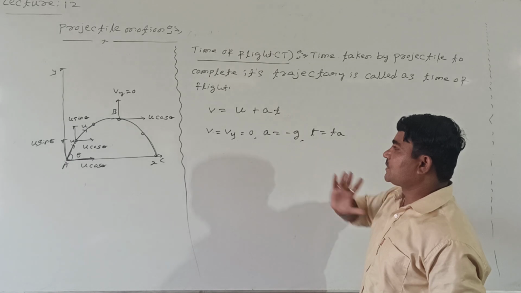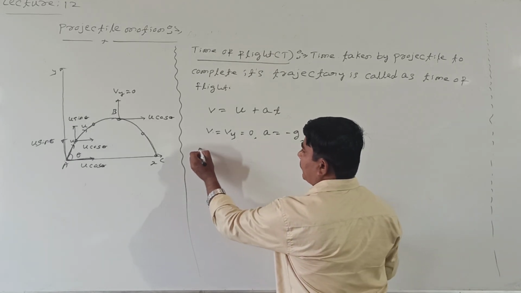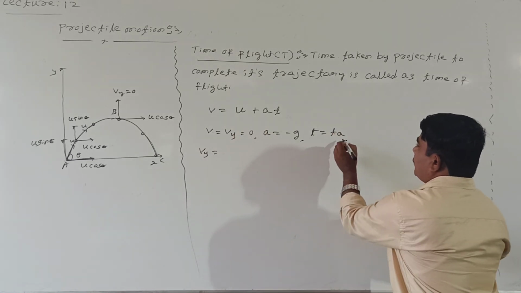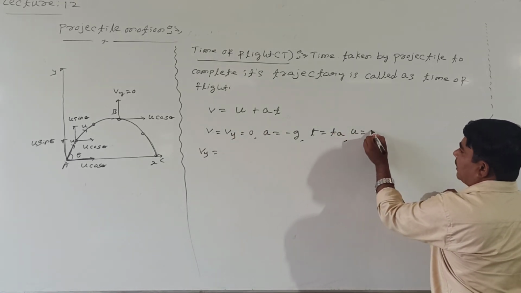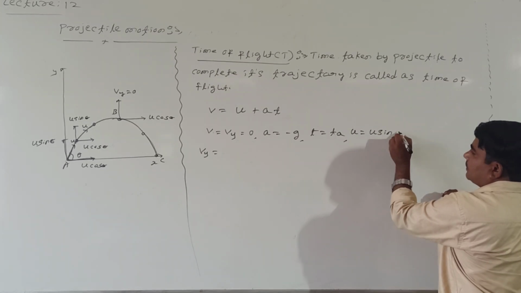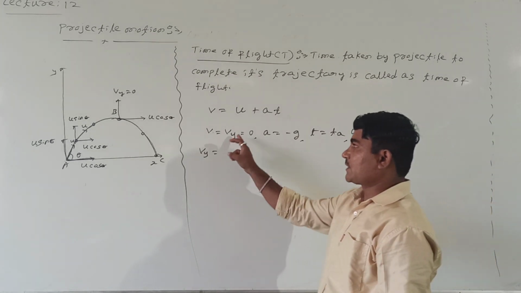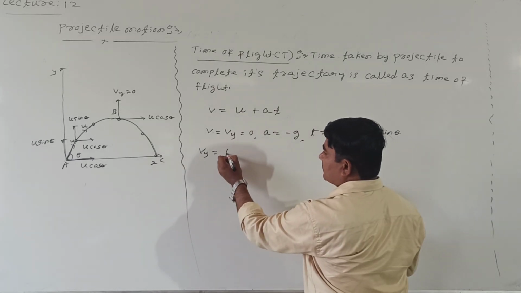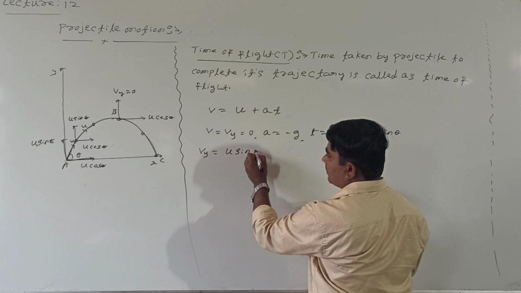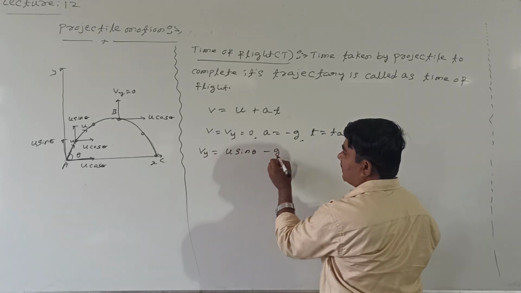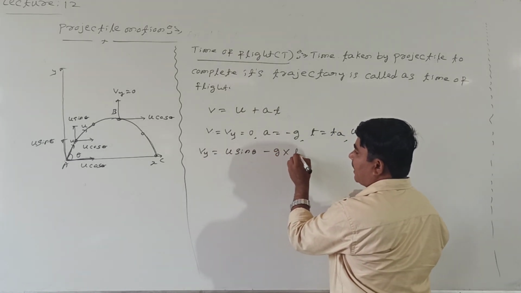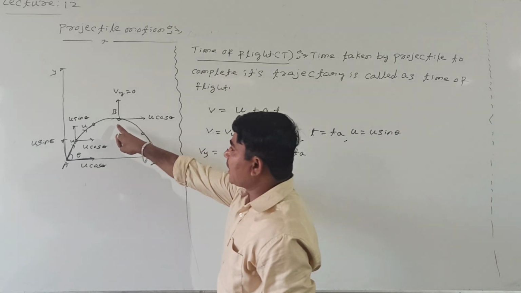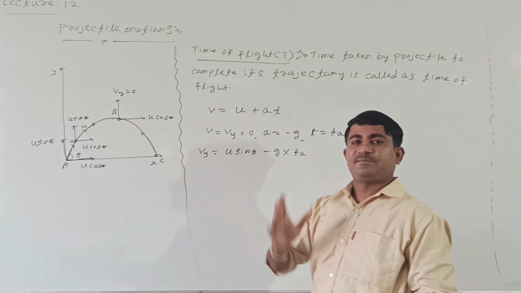Then by putting all these values, how to take here? See here. V can be replaced by Vy, and U can be replaced by the vertical component, which is U sin theta, because we are discussing the vertical component here. A can be replaced by minus g, and T can be replaced by time of ascent. But the vertical component at the B point becomes 0.